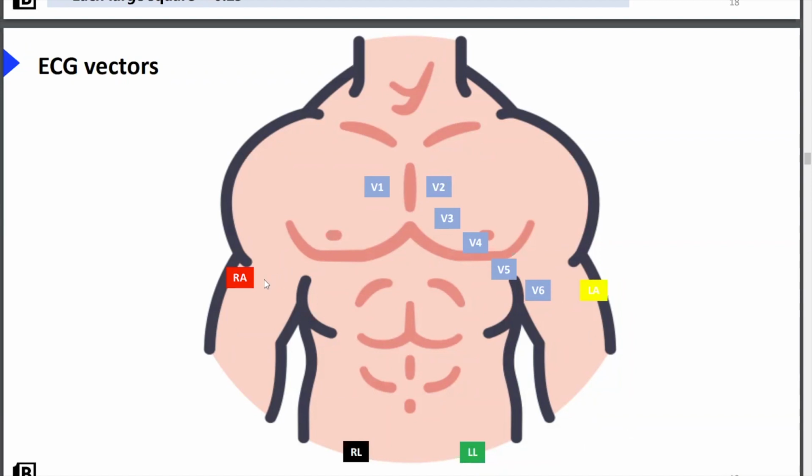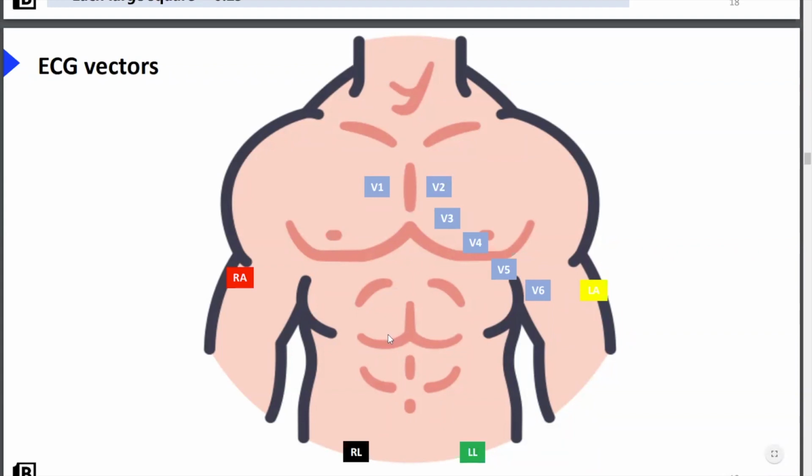Okay, the way to remember which lead goes where is they're color coded. So right arm is always red, left arm is always yellow, left leg is always green, and the right leg is always black. And the way to remember that is ride your green bike. Ride for red, your for yellow, green for green, and then bike for black. Okay, so ride your green bike. That's the way I remember it.